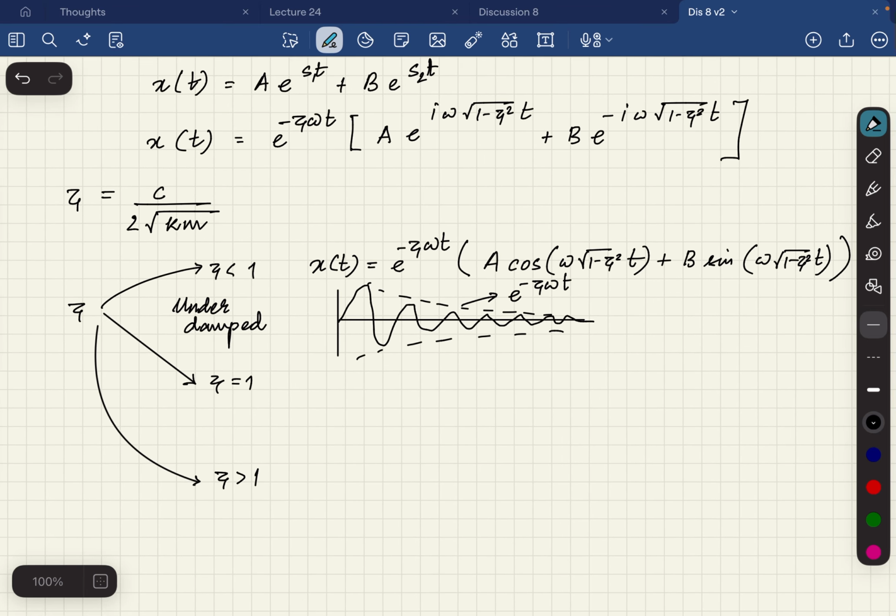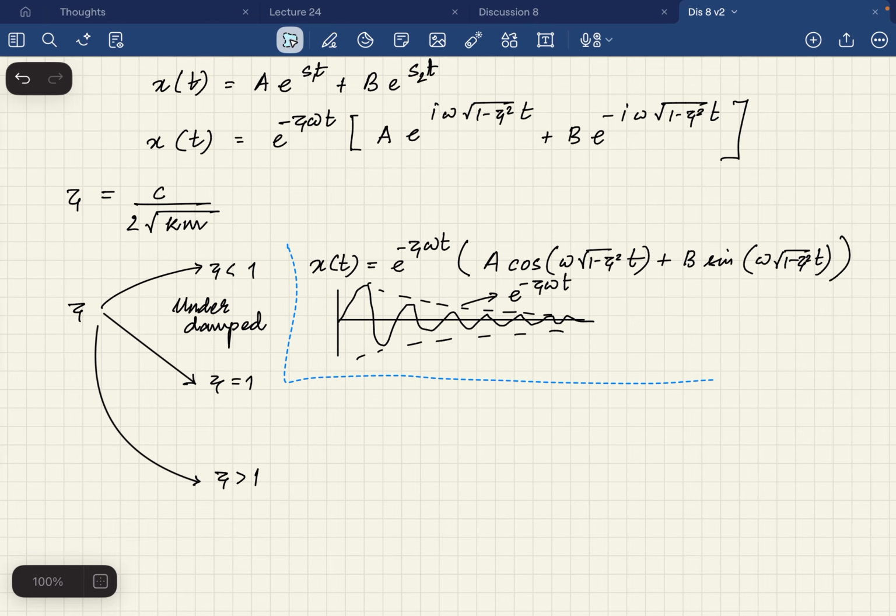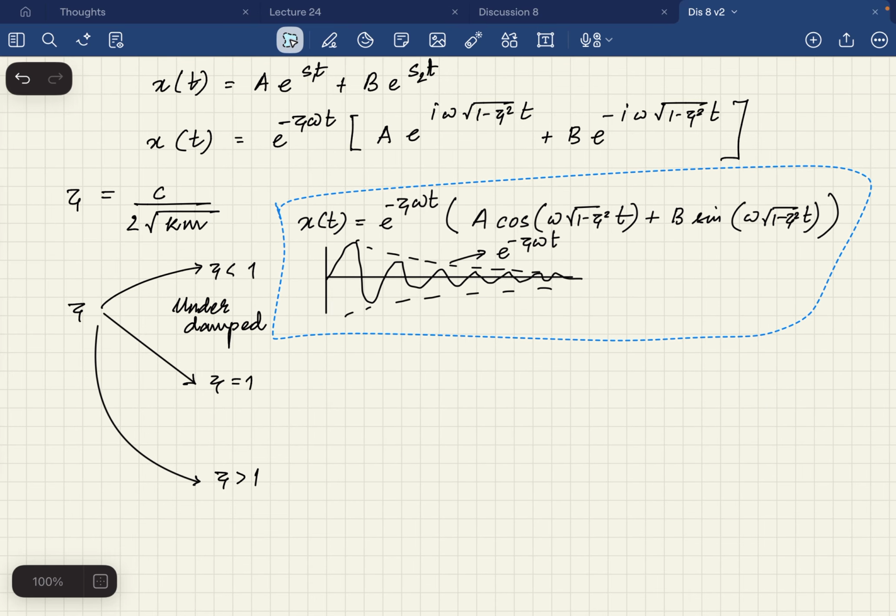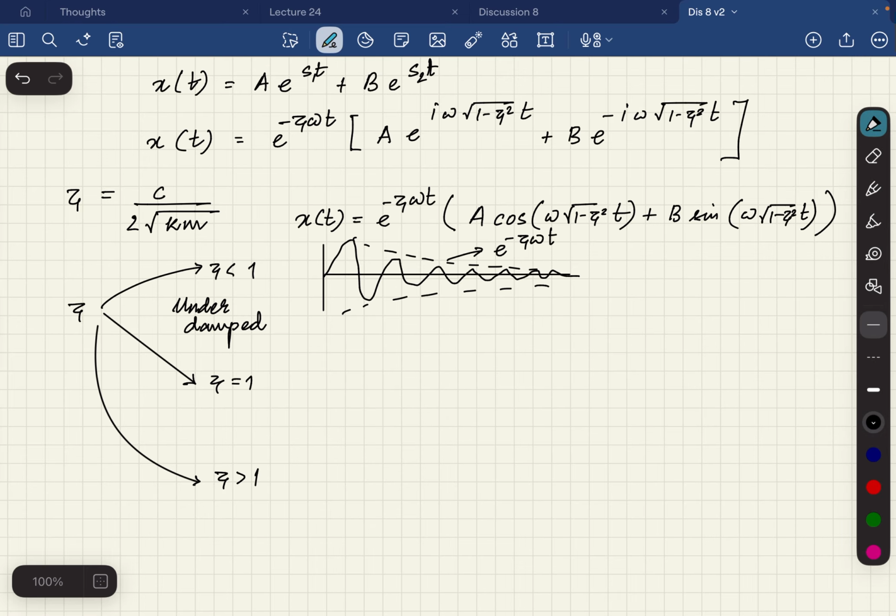Now what happens when zeta is equal to 1? In that case you have 0, right? Which means that it turns into a constant. There is no oscillation. So x(t) is simply some constant a times e to the power minus zeta omega t, and since zeta is 1, we can simply write it as e to the power negative omega t.